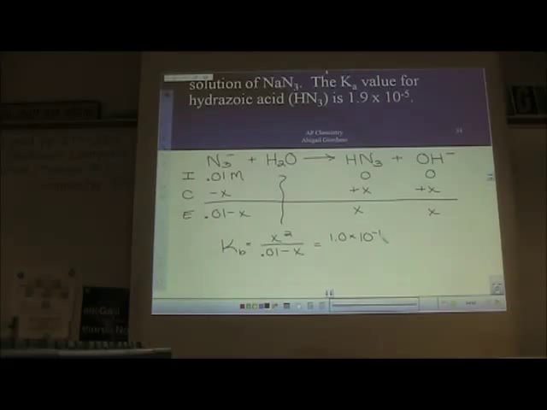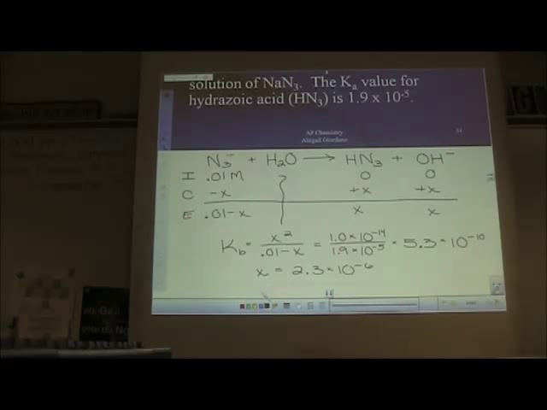Very good. So Kw divided by Ka will give me the Kb that I need. Okay, now solve for x. Okay, 2.29 times 10 to the negative 6. Good. That's what I got as well.